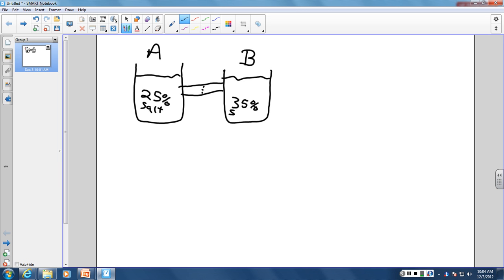So we have 25% salt in A, 35% salt in B. So which direction would salt move? How many say B to A?